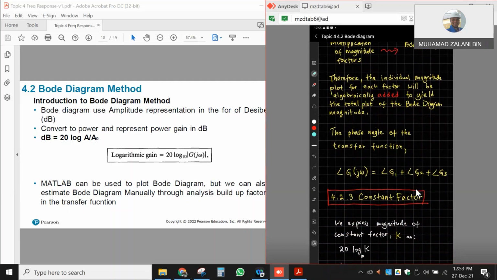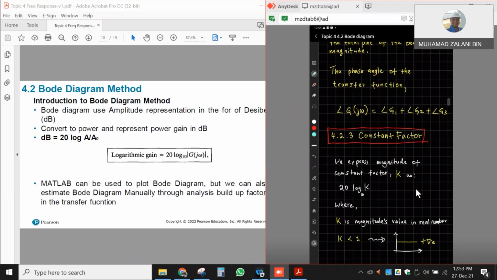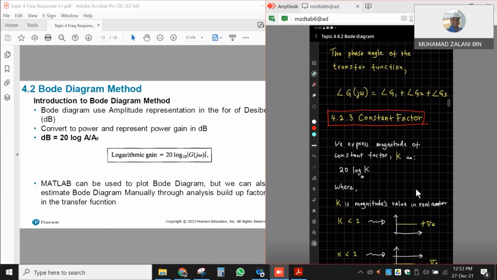We can also do this for the phase angle. Once we finish the magnitude, of course we would like to compute the phase angle as well for G J omega. If G J omega has a combination of three functions, then we can do the addition of the phase angle as well.